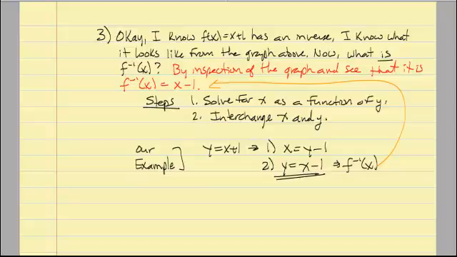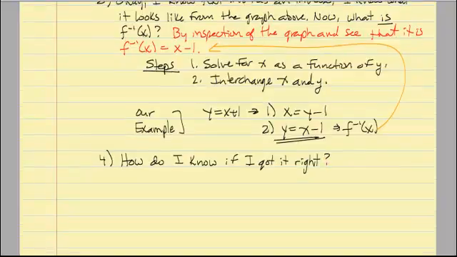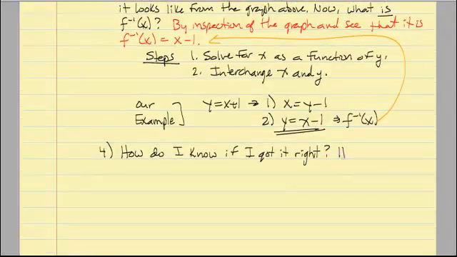So fourth step, how do I know if I got it right? In other words, how do I know if the function and the inverse that I found are actually inverses of each other? Another way we could talk about this is how to check if two functions are inverses of each other.